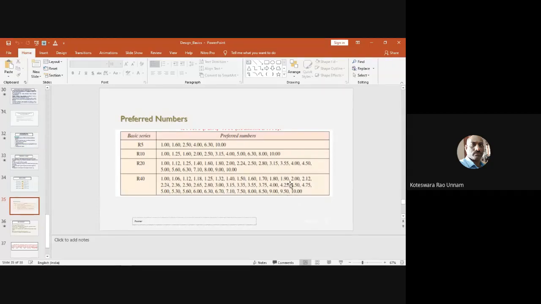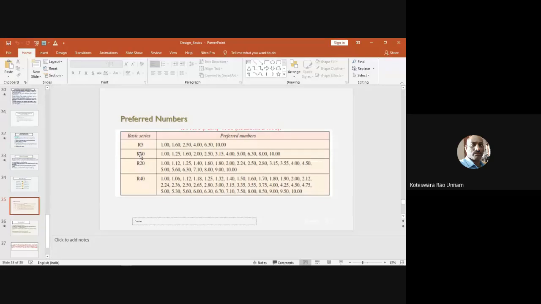Whether it is R5, R10, R20, R40, or for that matter R80, the lower limit is 1 and the upper limit is 10 for all the series. The starting number should be 1 and the ending number should be 10.